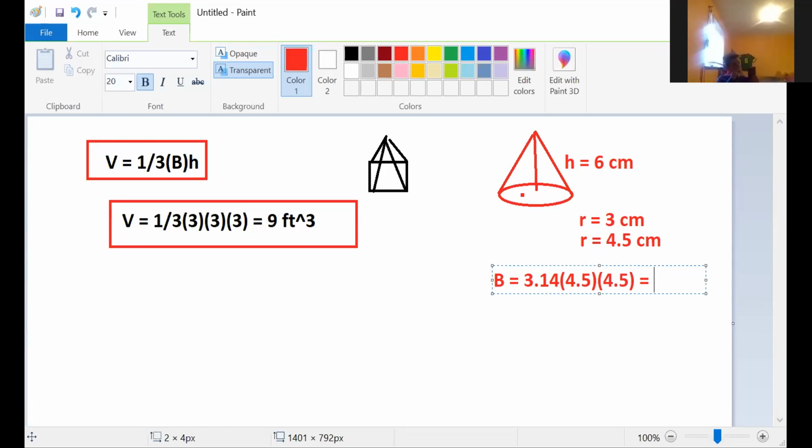I want 4.5 times 4.5 times 3.14, because that's the base, right? Well, 4 times 4 is 16, so 4.5 times 4.5 is closer to 20. 20 times 3 is 60. So that's how I got my number.